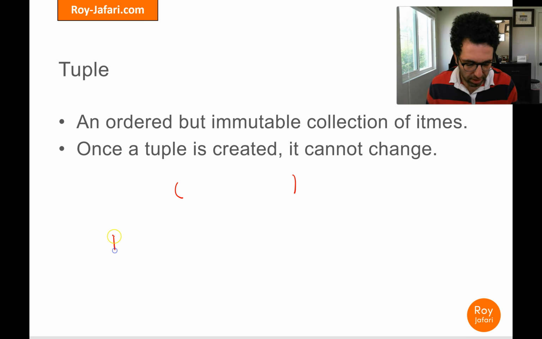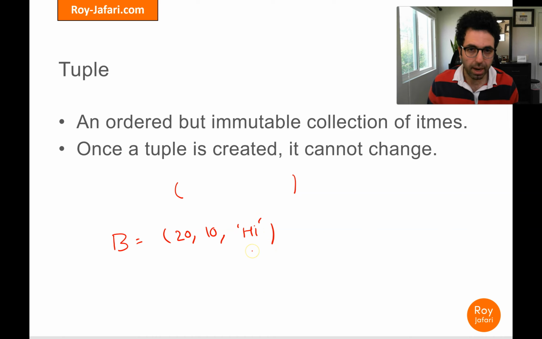For instance, I can say B is equal to (20, 10, "hi"). Every time I say B, I'm going to have access not only to B, but to all of these elements. I could say, for instance, B[1], then I would get access to this. The only difference is B doesn't have append or other functionalities that change stuff.